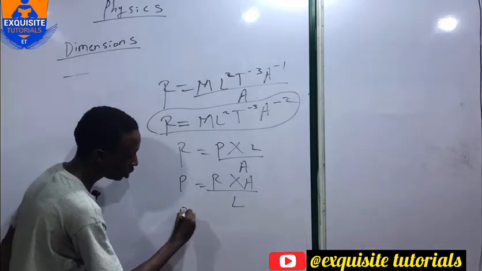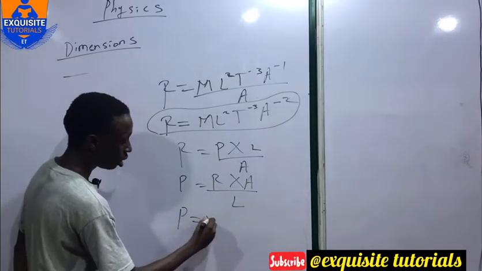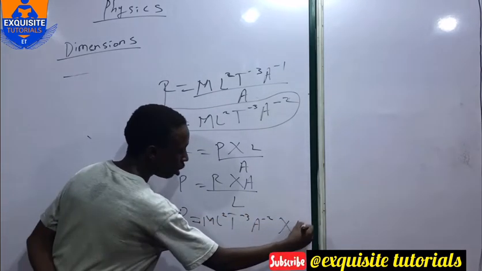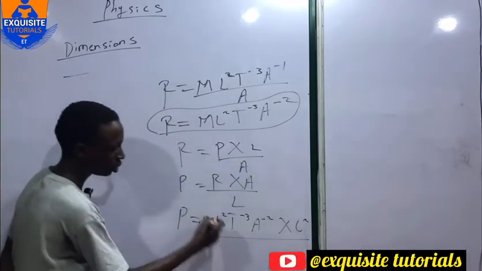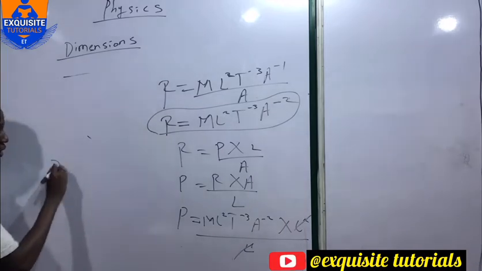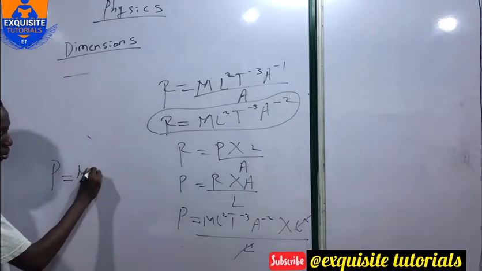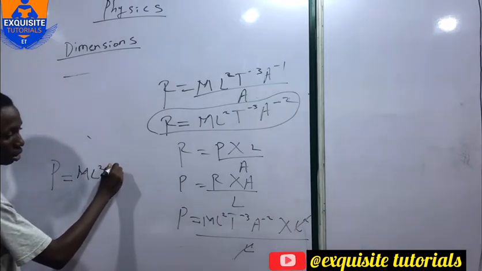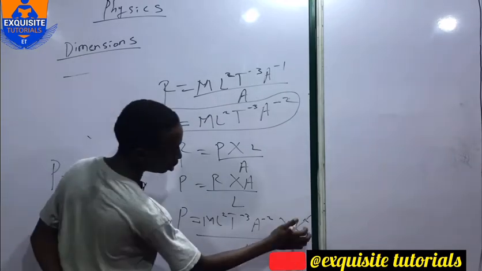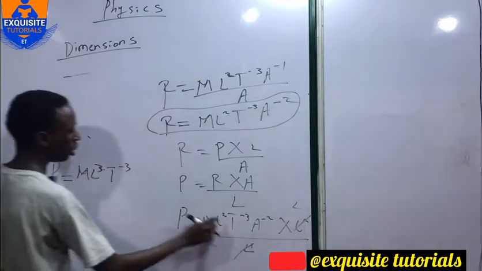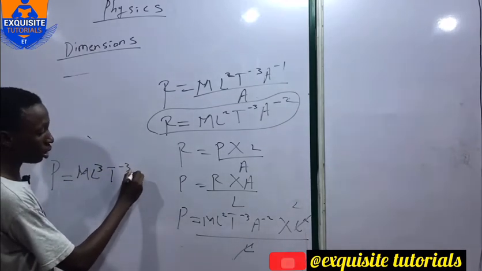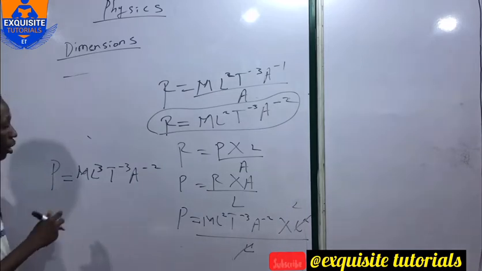So resistivity is equal to ML squared T minus 3 A minus 2 times L squared all over L. This cancels this, which leaves one L here. So L times L squared will give us L cubed. So T minus 3, then A minus 2. So this will be the dimension for resistivity.